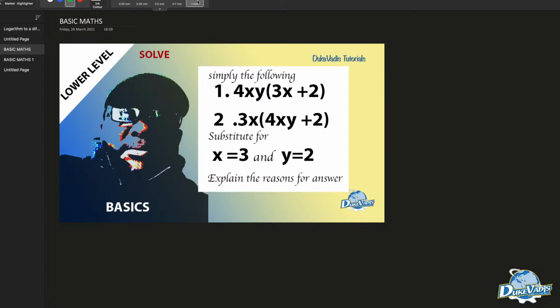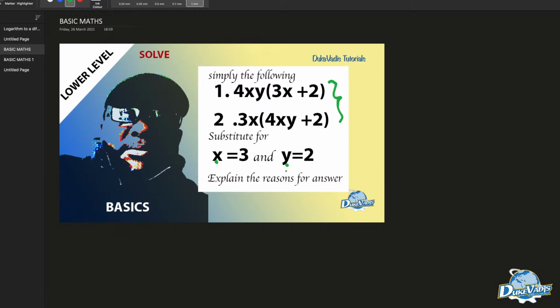So our first interest is what we're supposed to simplify, and after simplifying, we should substitute x to be equal to 3 and y to be equal to 2. Then explain the reasons for the answer.